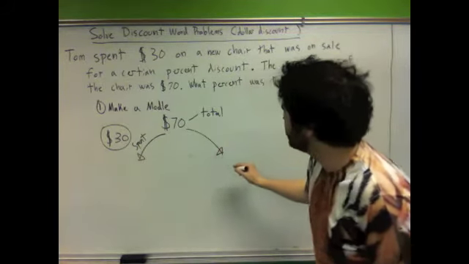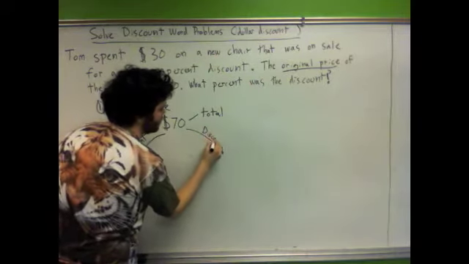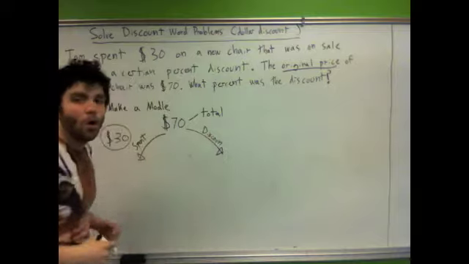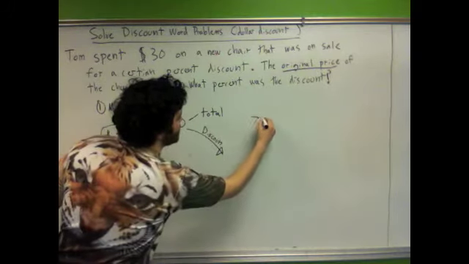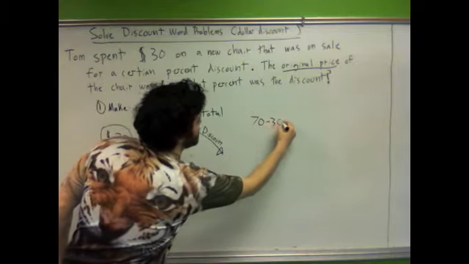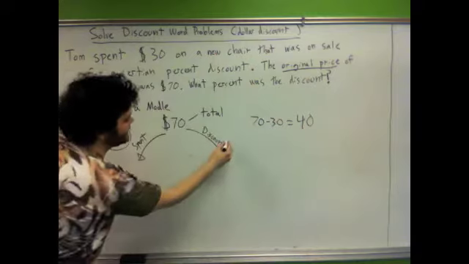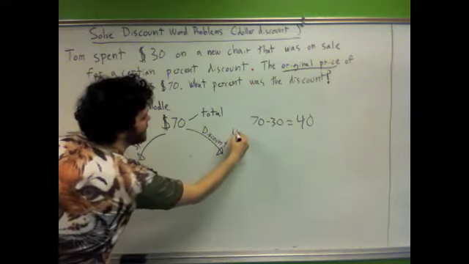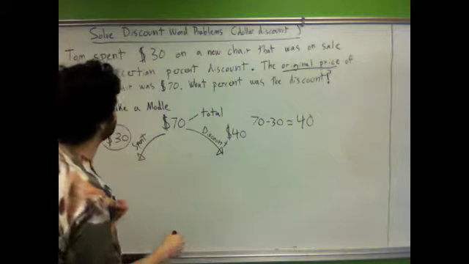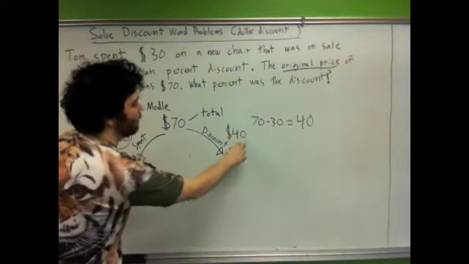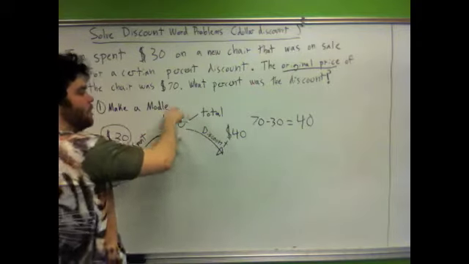How big was my discount? Well, 70 minus 30 is going to be equal to 40. So I actually know that my discount was $40. And that makes sense because if I paid 30 and I got a $40 discount, that gets me back up to my $70 original price.